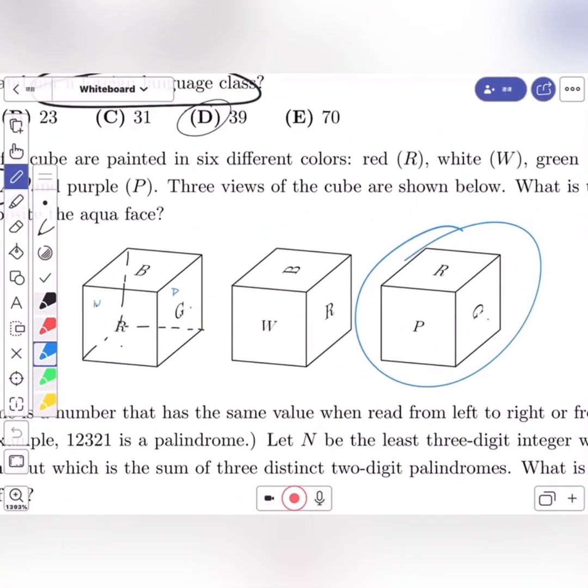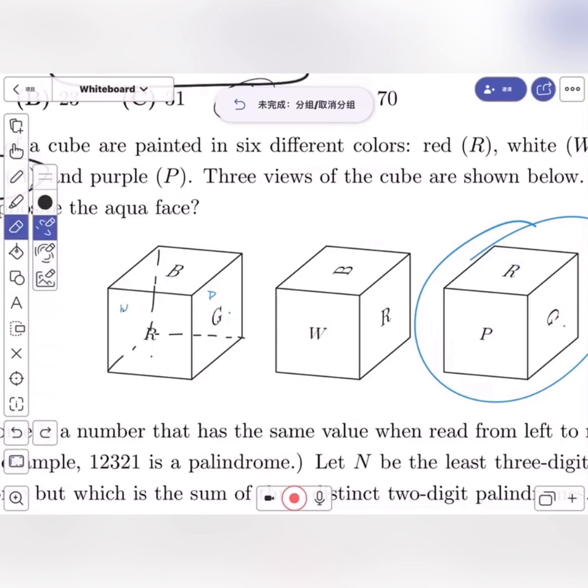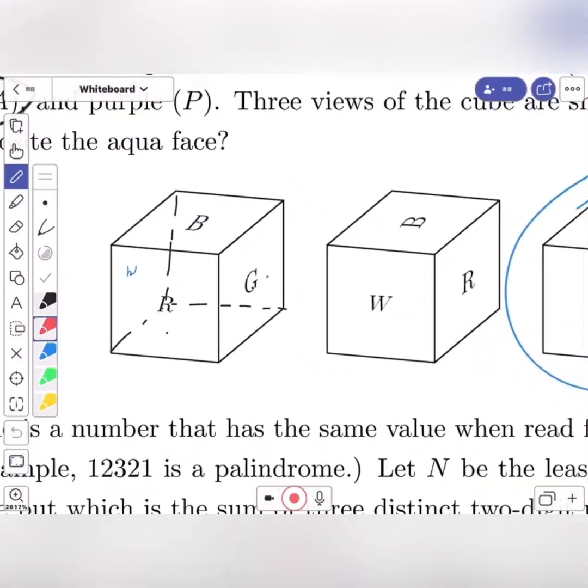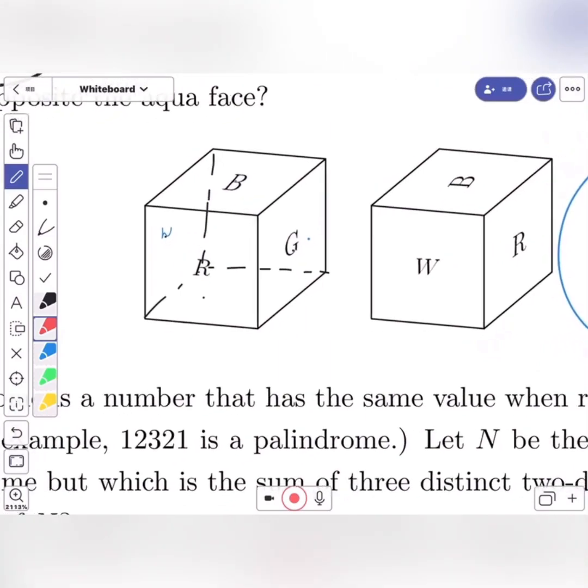It's going to be R and G. So R, G, B already occupies one of them. So this basically means that the bottom face must be the one adjacent to R and G, which is P.